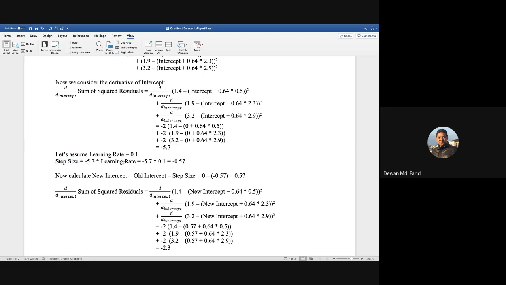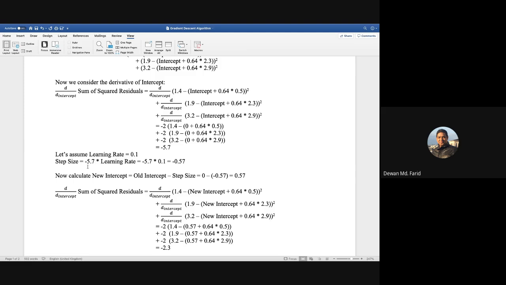Normally the learning rate is a small value that controls how fast or how slow the model will learn. Here we consider 0.1, but in general we consider 0.001. That is our learning rate.